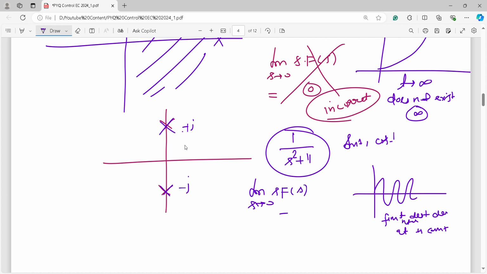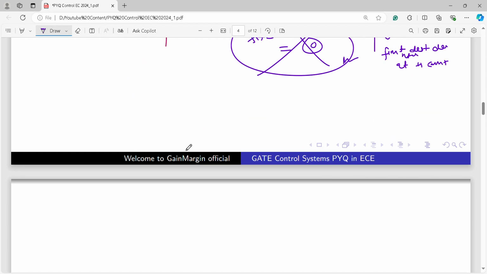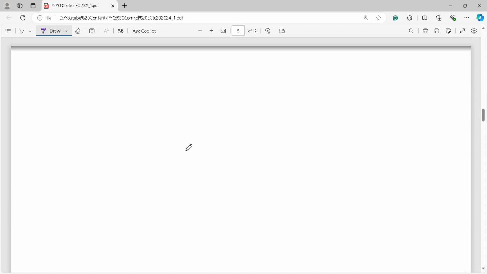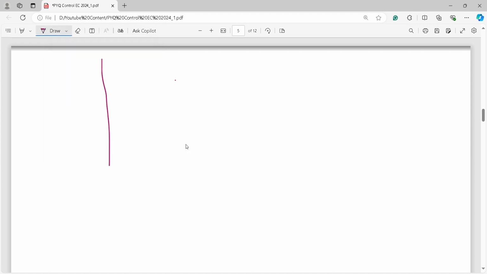So it is coming 0. So this also gives the incorrect answer. Okay, and then if you apply poles lying at the origin, okay, so let's say the poles are 1 by s, 1 by s square and 1 by s cube and so on.